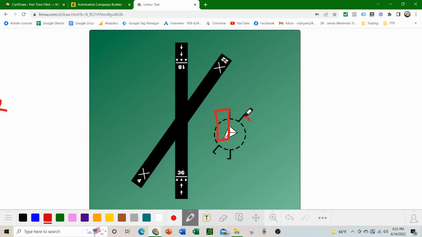This traffic pattern would be like this. This traffic pattern would be like that. And then this traffic pattern would be like that.